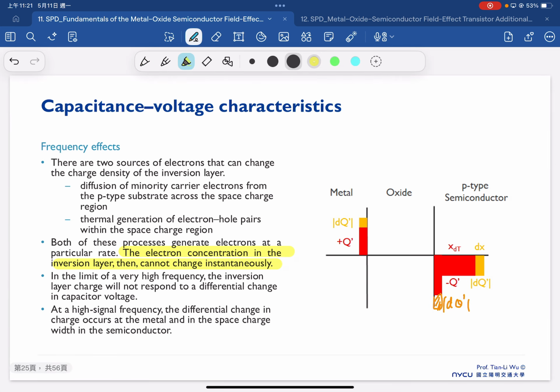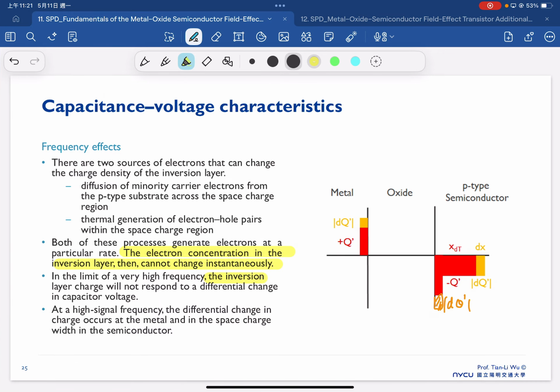In the very high frequency limit, the inversion layer charge will not respond to a differential change in the capacitor voltage. Therefore, the dQ won't be reflected in this region at high frequency.